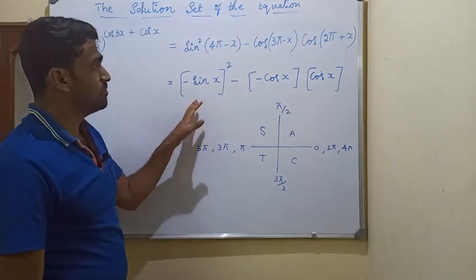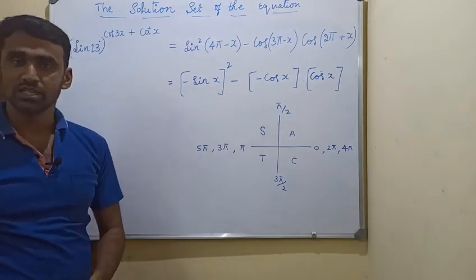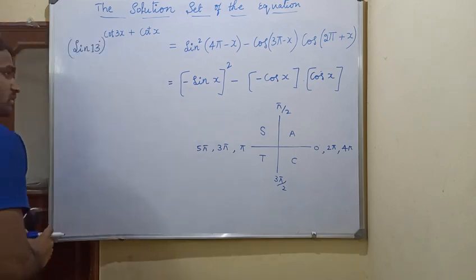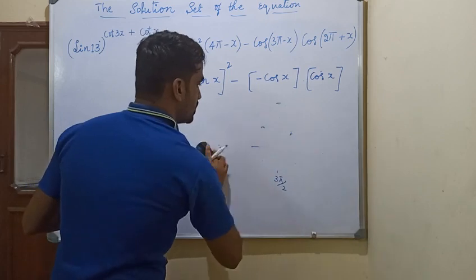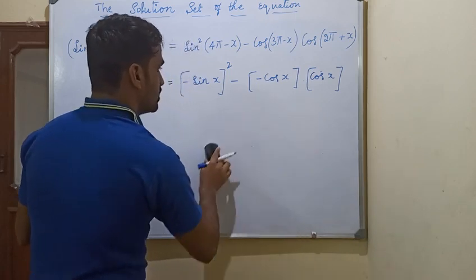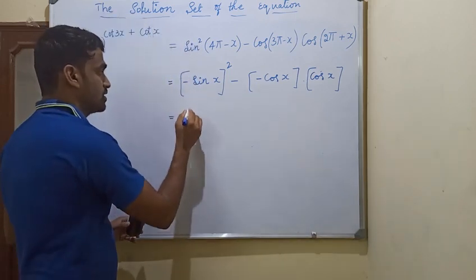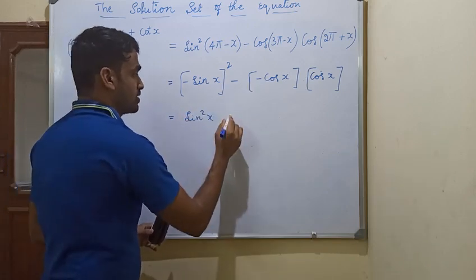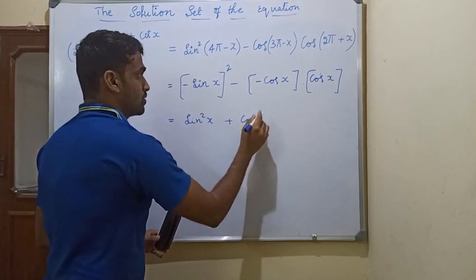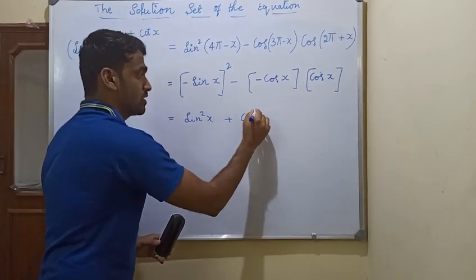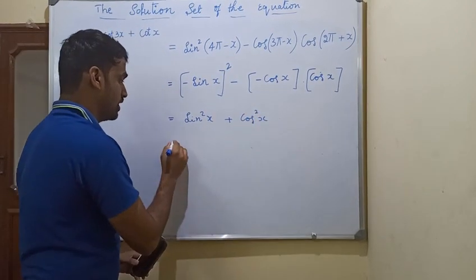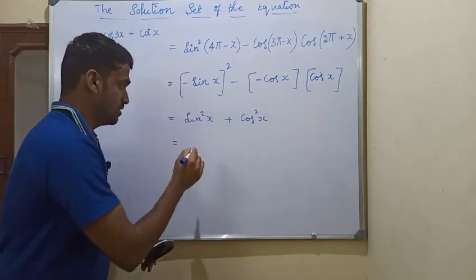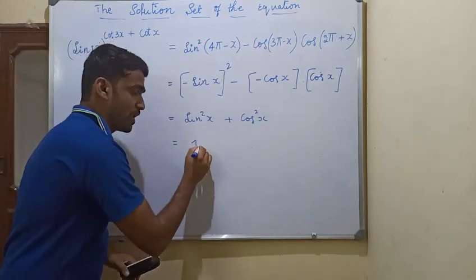Now, if you simplify this, you will get sin²x plus cos²x. Which is sin²x, minus into minus is plus, so cos x into cos x is cos²x. And our RHS becomes 1.